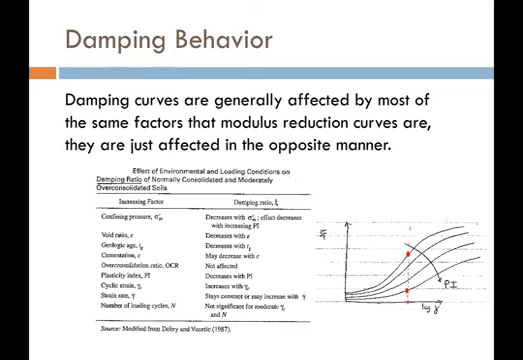Therefore, increasing plasticity index decreases my damping ratio. You can see this table here. Be familiar with this table as well and be able to compare and contrast this behavior of the damping ratio with the listed behaviors of the modulus reduction curves.